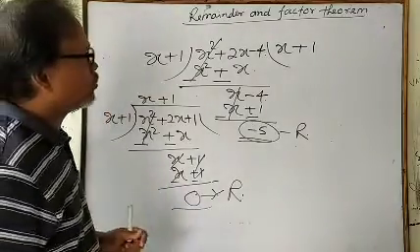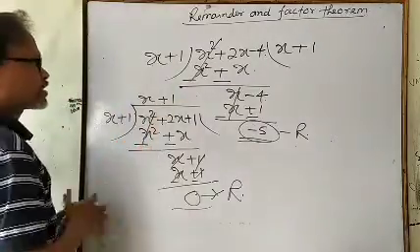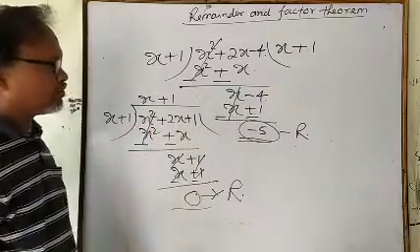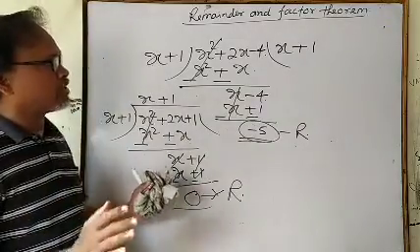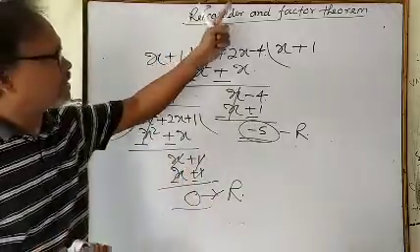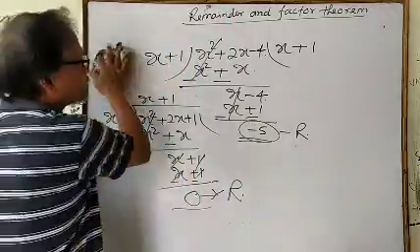Now how to do it? By using the remainder and factor theorem, we will not use the long division method. Without actual division, we can find the remainder by using the remainder theorem. How is it?